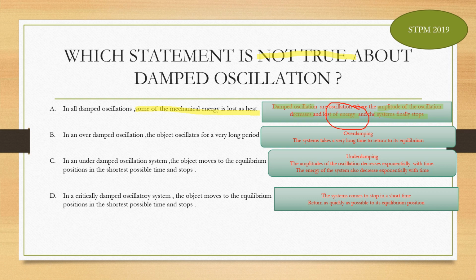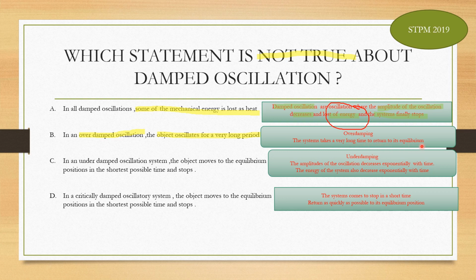Let's look at B. B says in an overdamped oscillation, the object oscillates for a very long period. That looks as if it is right, but let's check the concept. Overdamped oscillation means overdamping, so the system takes a very long time to return to its equilibrium.